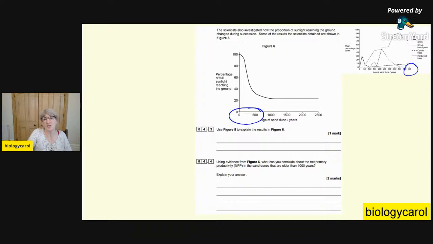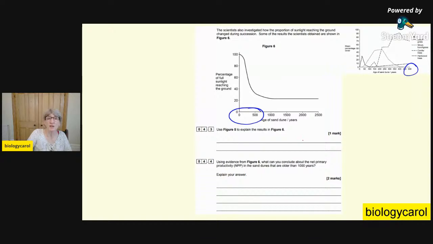This one finishes at 500 years. This one has only just started. This makes sense because if all the trees are here at 500 years, if we've got a high percentage cover, we are going to greatly reduce the percentage of sunlight reaching the ground.